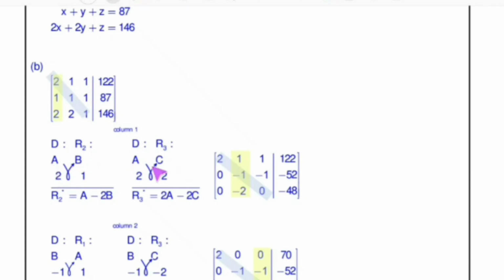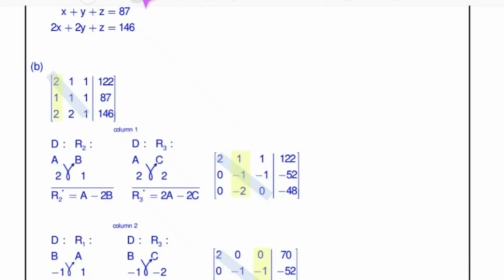Dan tulislah AB, AC, entries dia. A entry adalah 2, B entry 1, dan A entry 2, C entry 2 juga. So row kedua sama dengan A minus 2B, row ketiga sama dengan 2A tolak 2C. So kira awak akan dapat yang ini.